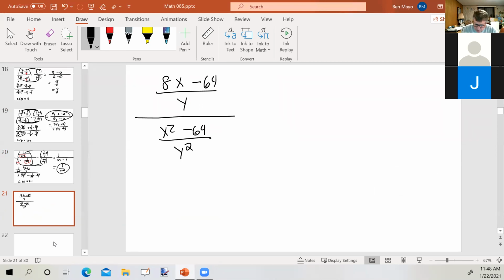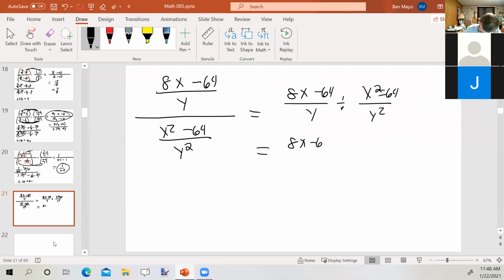So if I wanted to, I could rewrite this as 8x minus 64 over y divided by x squared minus 64 all over y squared, which is 8x minus 64 over y times y squared over x squared minus 64.